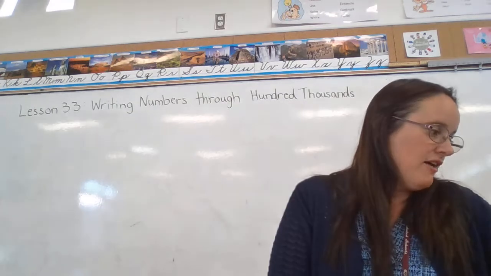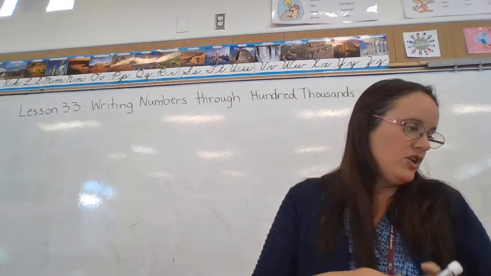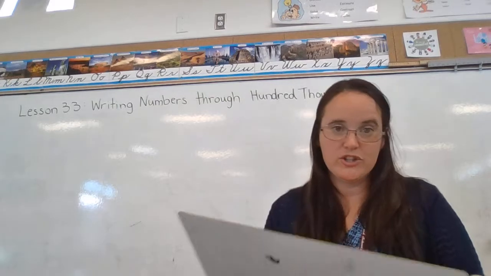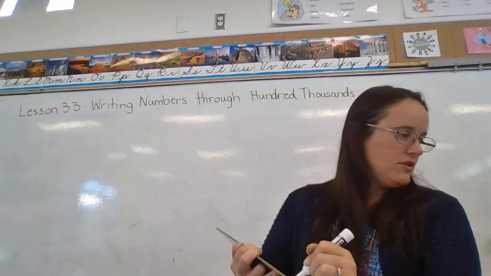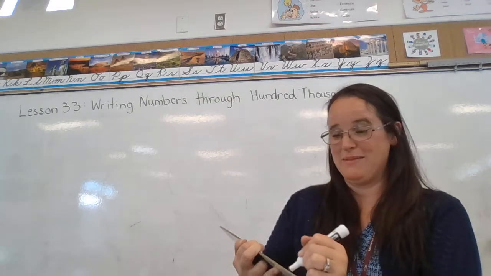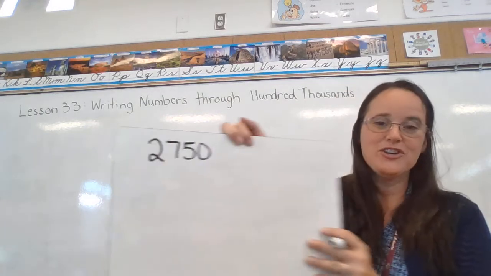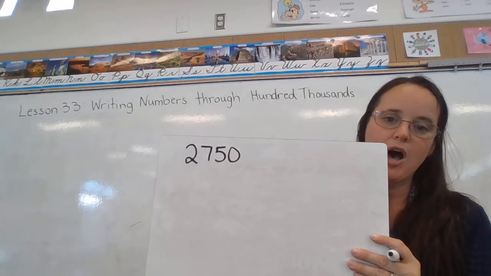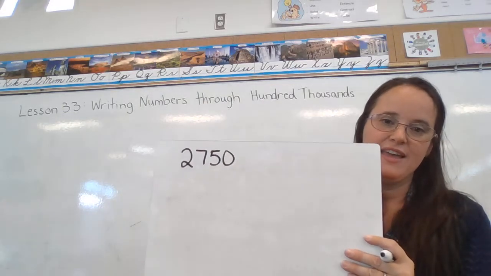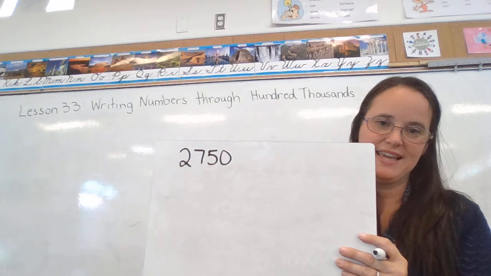All right? For G, you are supposed to use words to write the following numbers. So you're going to write, and I'm not going to say it because that might give you a clue. You're going to write this number using words. Go ahead and pause me. Try that, and then hit play when you're ready to see the answer.